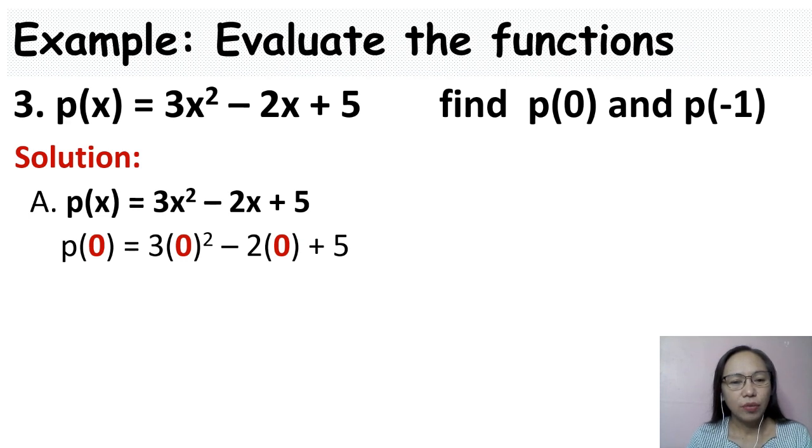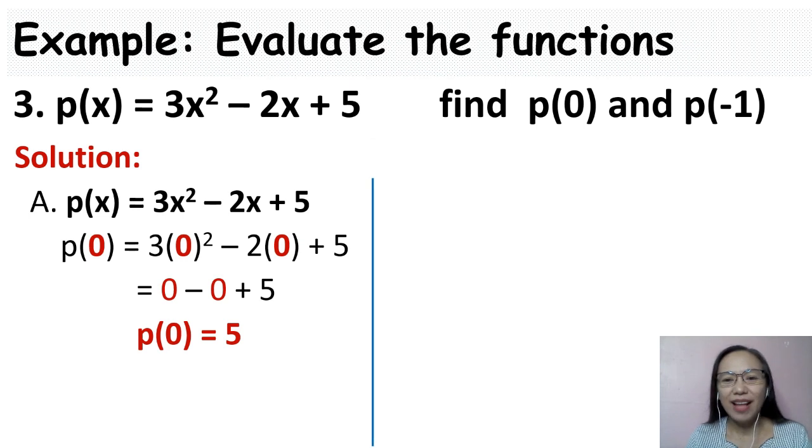So we have 0 squared is 0 times 3, that gives you 0. 2 times 0 is another 0, so that's minus 0, and then we bring down 5. So 0 minus 0 is 0, of course, and then we have there 5. Therefore, we are left with p of 0 equals 5. Okay, let's look at the other one, at p of negative 1.